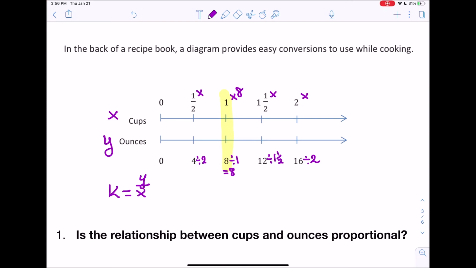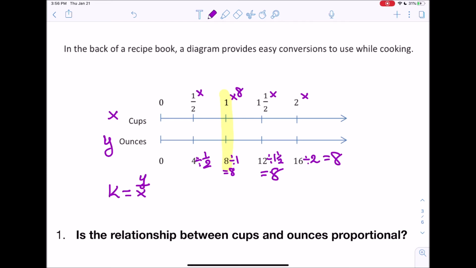So you can either divide your y's by the x's, or if you can figure out what times the x gives you the y, that's fine too. So here we go. 16 divided by 2 is 8. 12 divided by 1.5 is equal to 8. We already know that 8 divided by 1 is 8. 4 divided by 2... Oh, that's not a 2, sorry. I'm like, that doesn't make sense. It's 4 divided by a half, sorry.